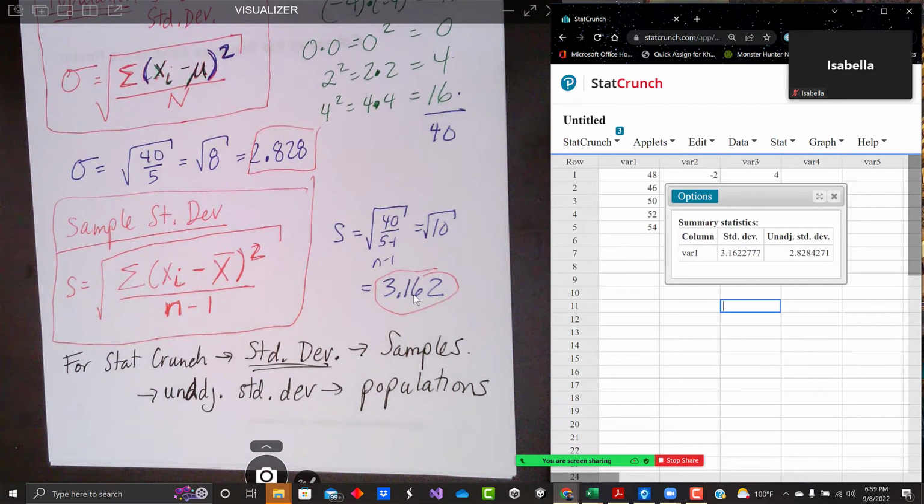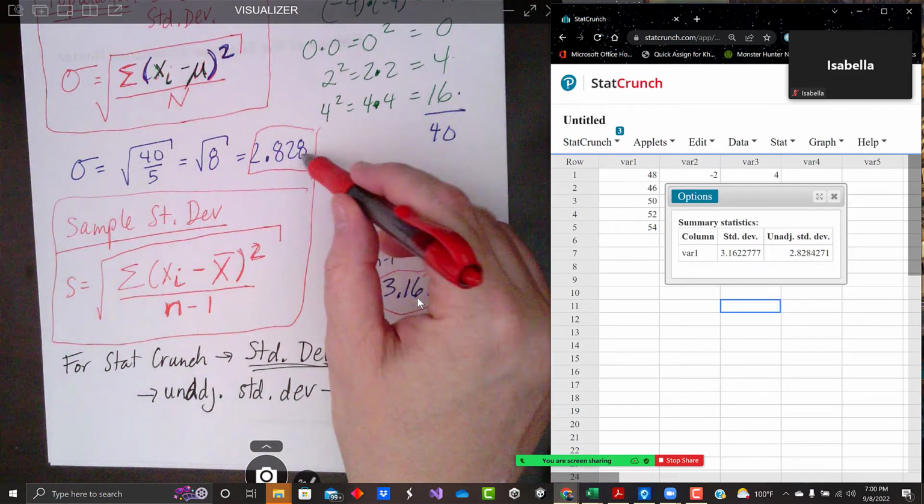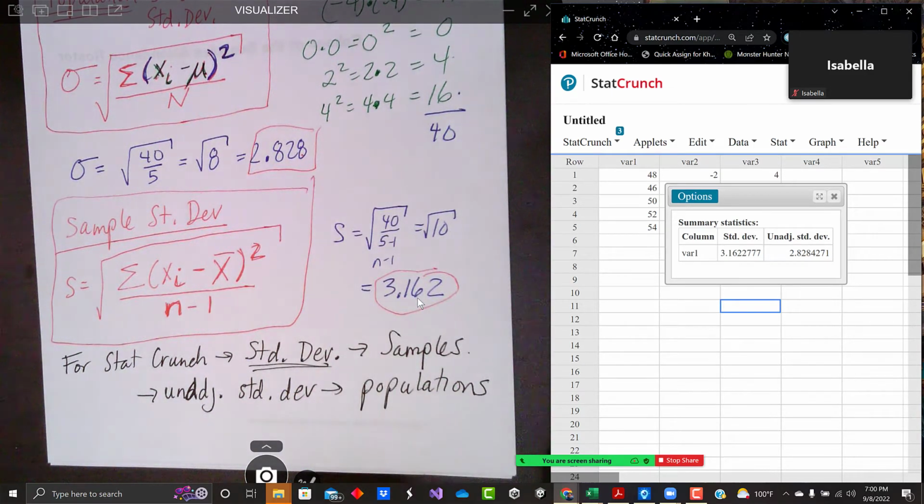Notice they may not seem very different, but they're off by 0.3, like 3.1, or almost 3.2. This is about 0.35 larger than this one, which is about 10% larger in this case. That's enough to be wrong. Okay. So pay attention for this.